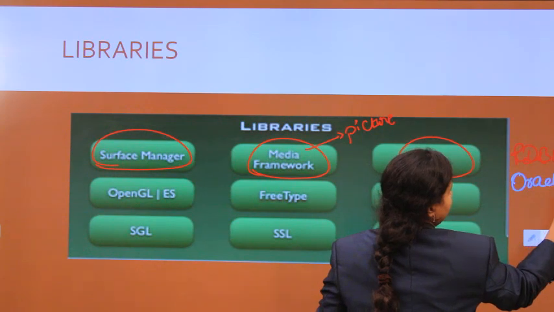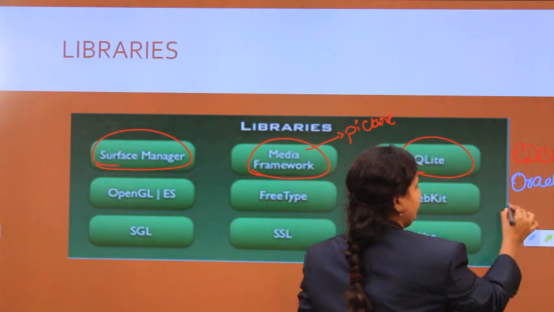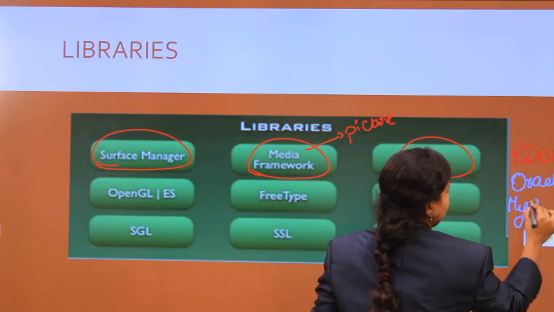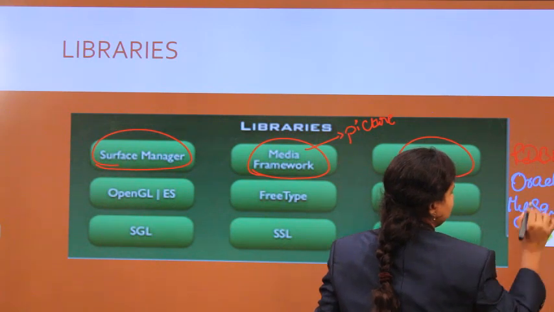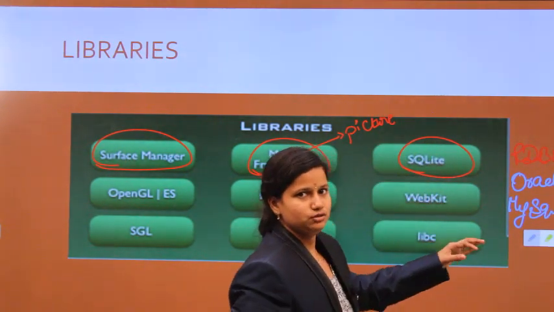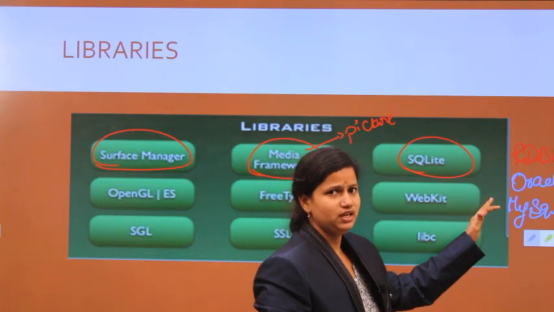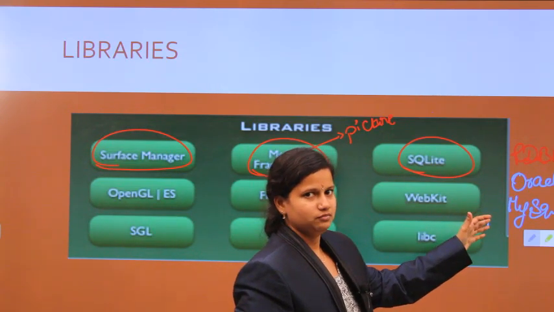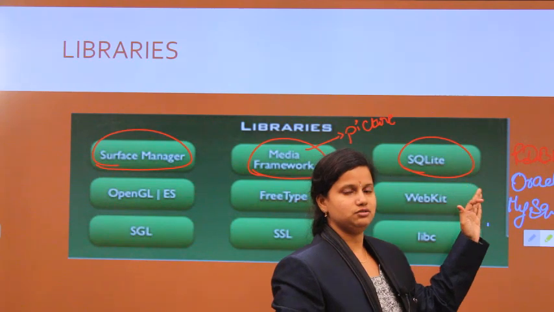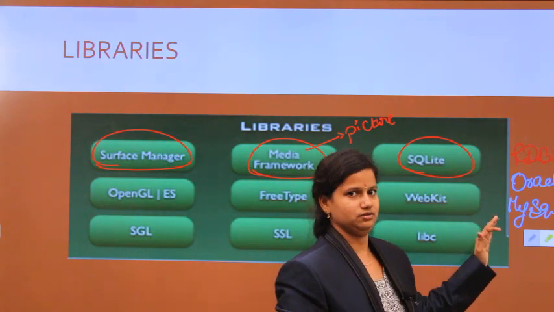Oracle is also available, and MySQL. These three are also available. The information is stored in the form of a table format. Whatever the information, that information is stored in a relational database.